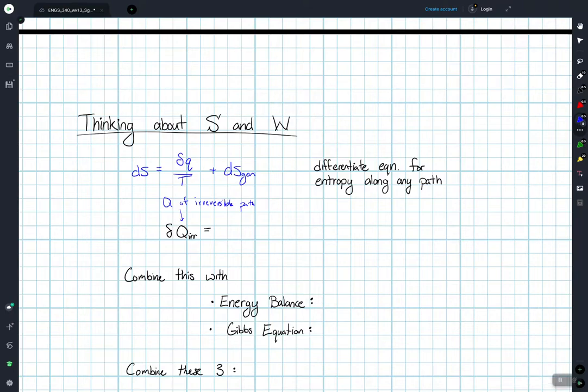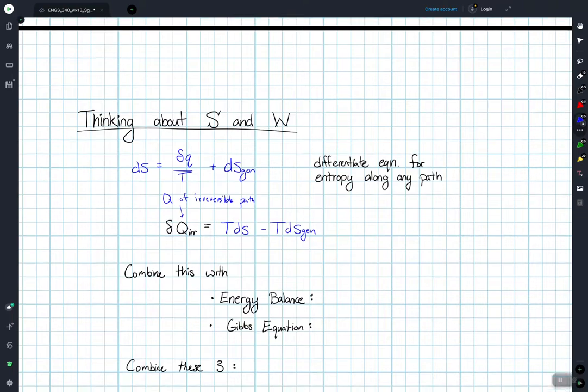So if we flip this around, that's going to be temperature dS minus temperature dS gen. Just rewriting that equation up top.